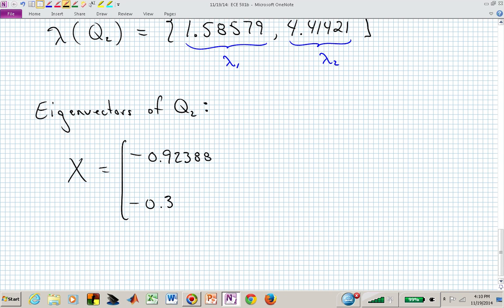And now the second entry is minus 0.382683. The other column is 0.382683, and the second coordinate of the second column is minus 0.92388.